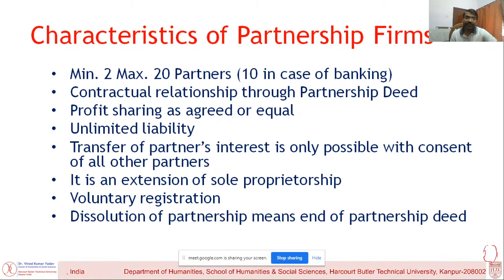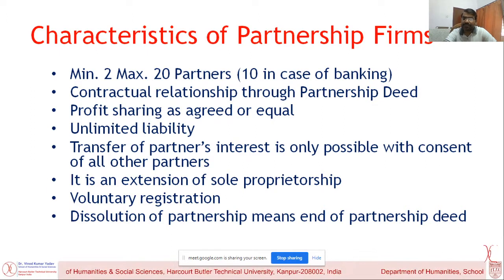And in case of any legal issue, you will be safeguarded as per the legal structure, as per the Indian Partnership Act provisions. That is why it is always beneficial to go for registration, but it is not mandatory.